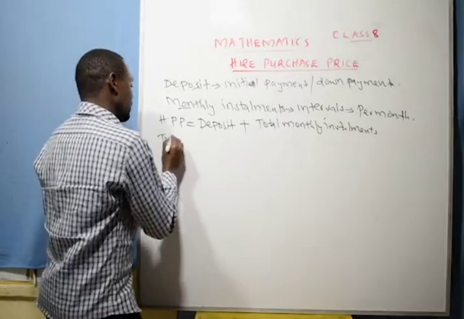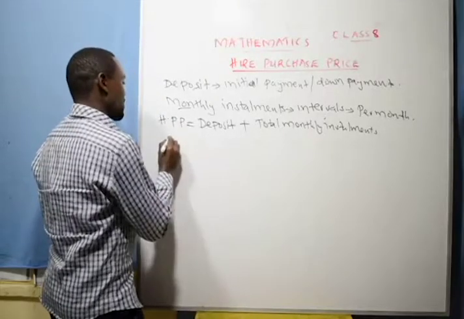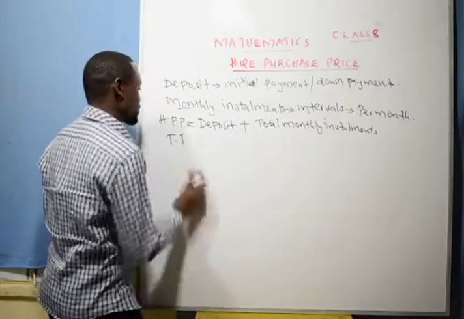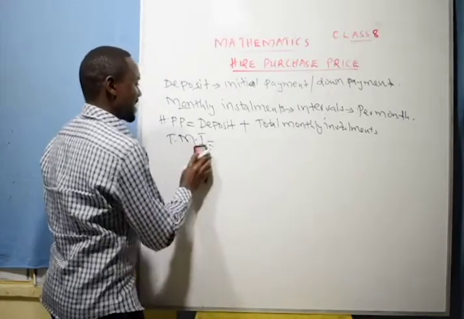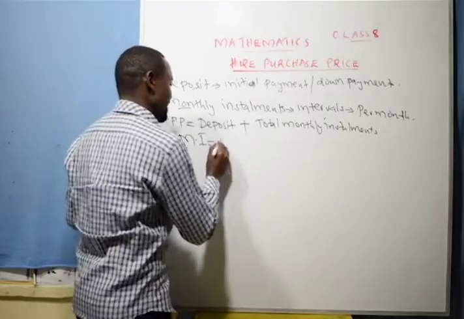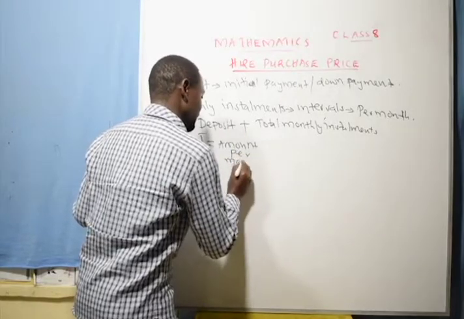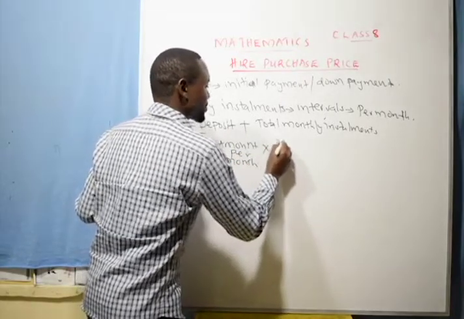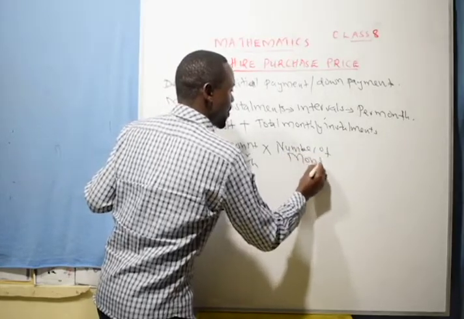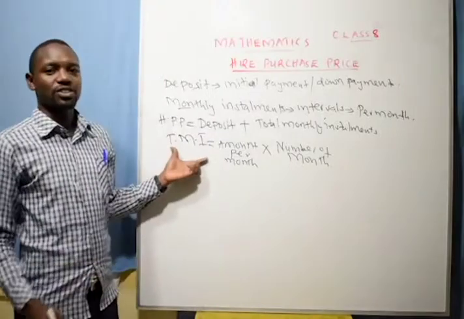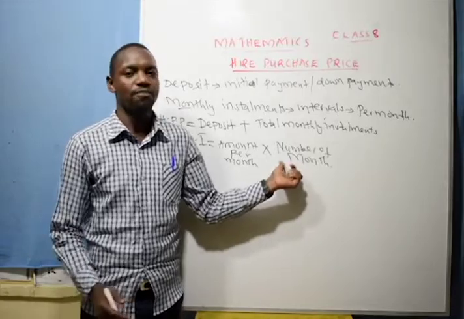The total monthly installments are given by the amount that is paid per month times the total number of months.